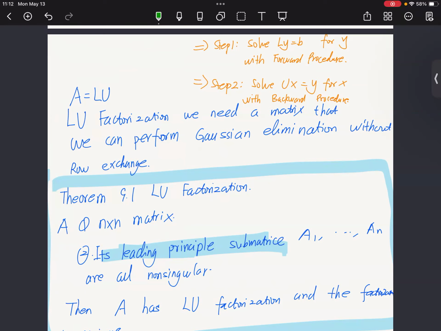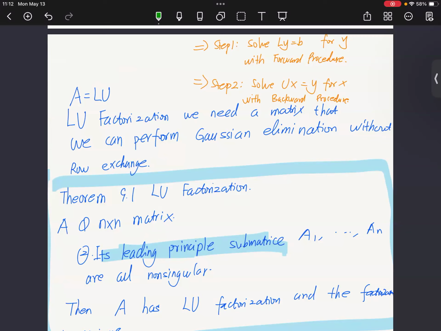So this criterion seems not useful, and what we have here is more useful. This thing is just stating that we can perform the Gaussian elimination without row exchange, but we have some criteria to decide whether this happens.